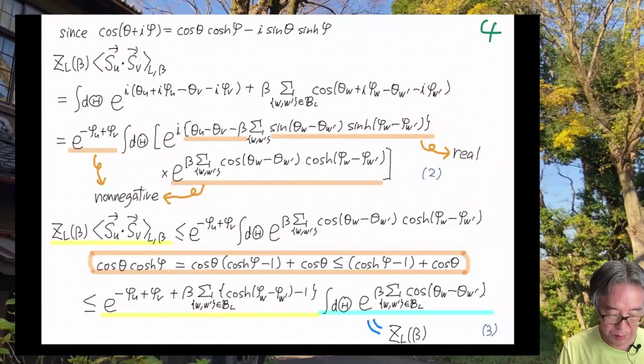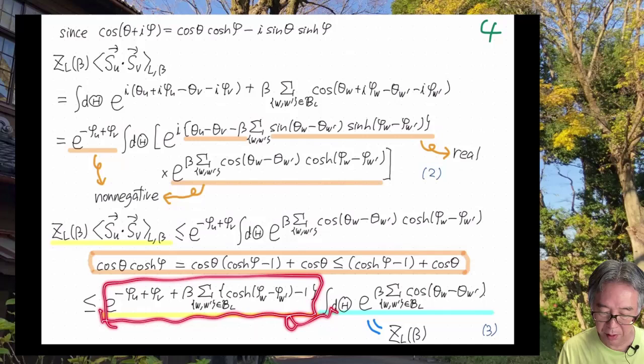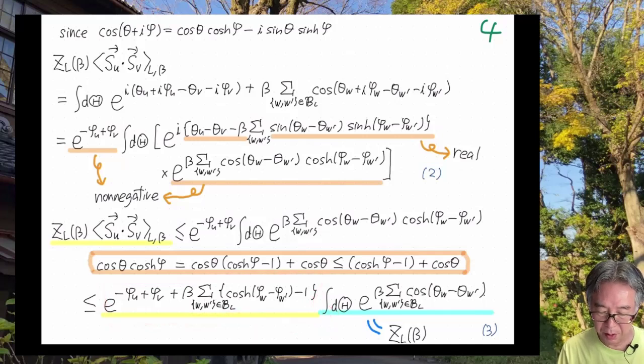So I can just pull out all these phi outside the integral, and inside the integral, the only thing you have is this. But this is nothing but the definition of the partition function. So we haven't done anything, we haven't evaluated any integral, but anyway, we get a very meaningful result because Z times this is upper bounded by this quantity times Z.